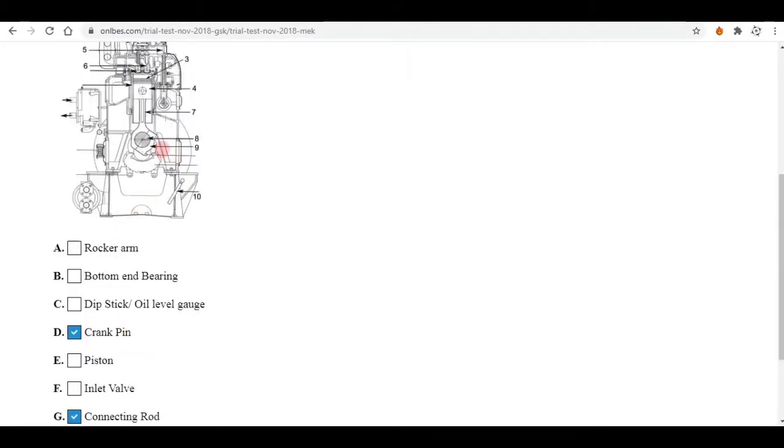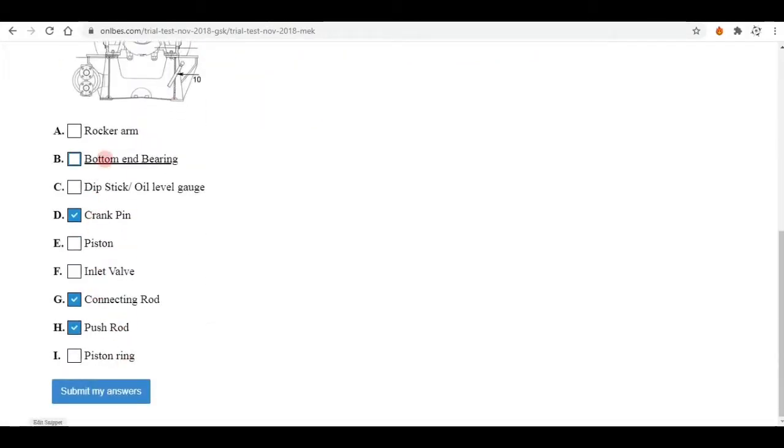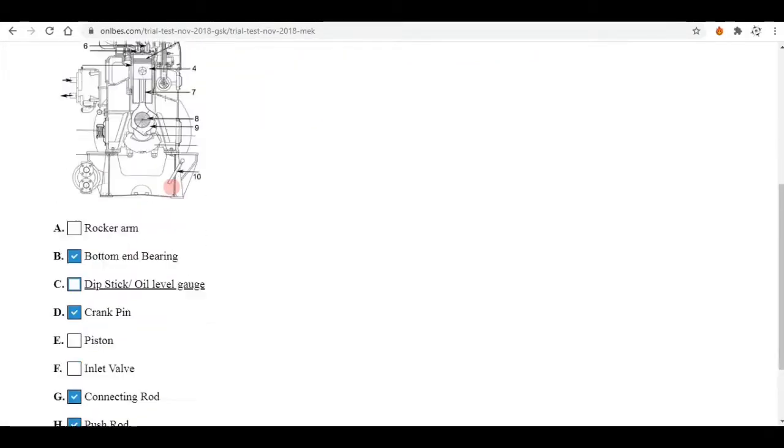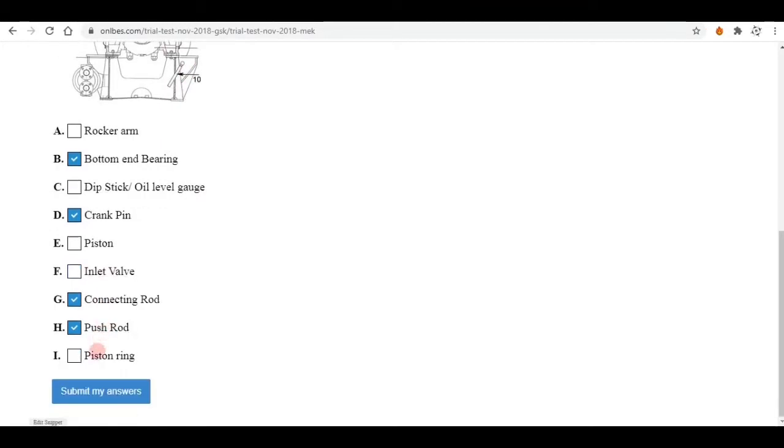Then the ninth is the bottom end bearing, we call it shell bearing also. Okay. The 10th one is the dipstick. Is there any stick in there? Dipstick and oil level gauge.